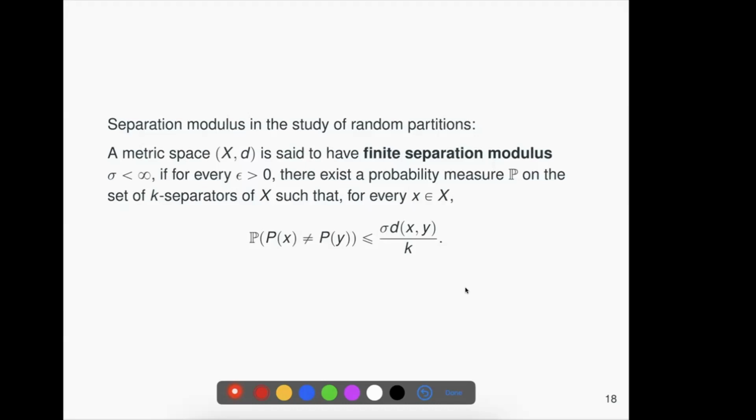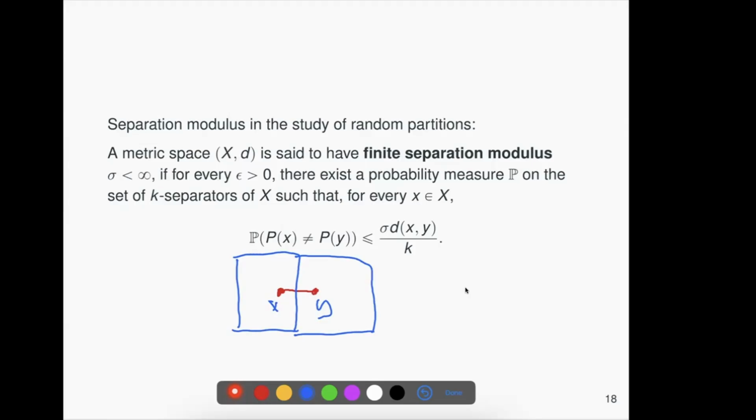We say that this space has a finite separation modulus, a constant sigma, if you can find a probability measure P on the set of K separators such that, quantitatively, you take x and y and look at such an edge, so d(x,y) is equal to 1 in that case. And you want the probability that they fall in different components to be less than sigma over k. So this is like a quantitative strengthening of the condition before.